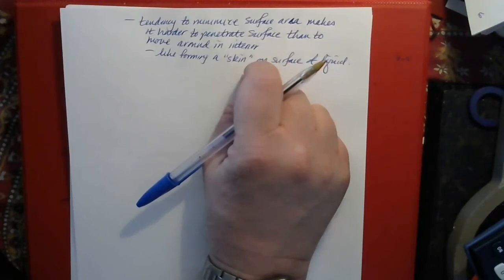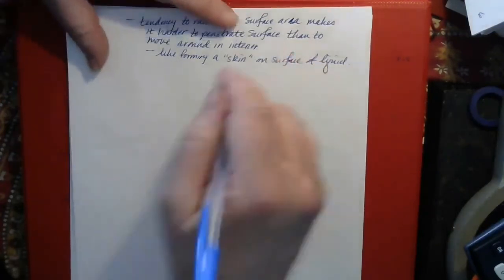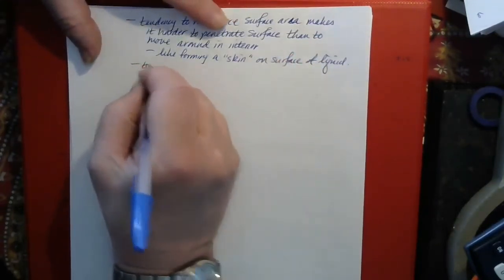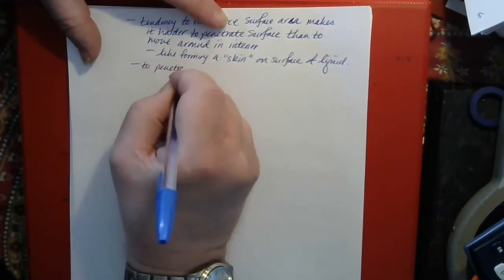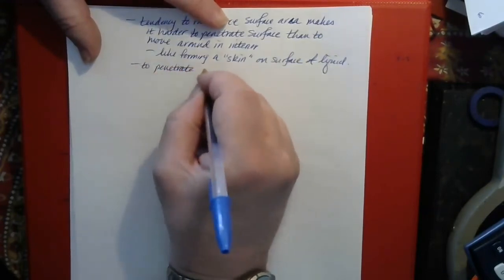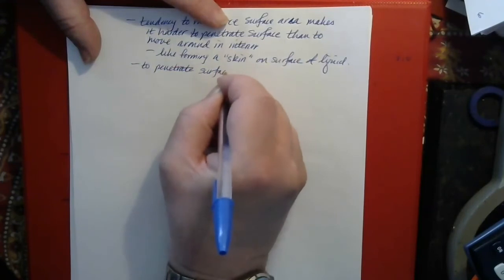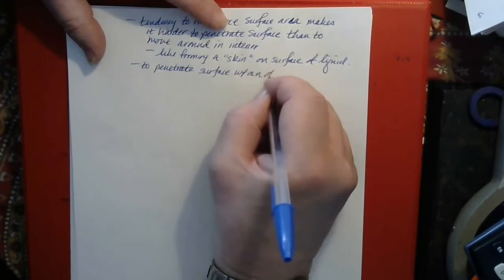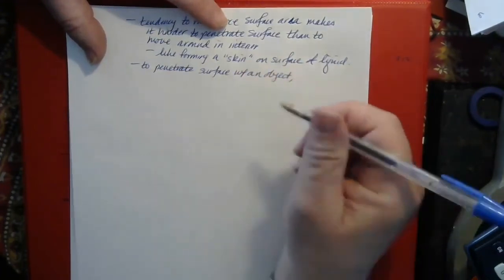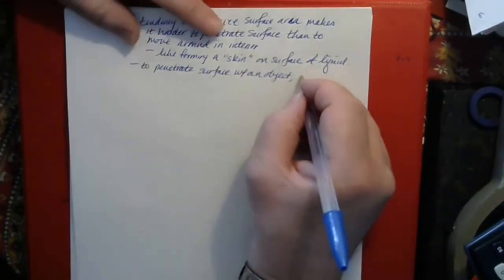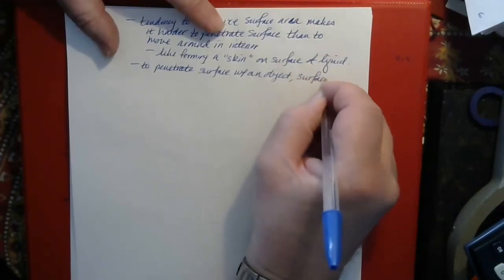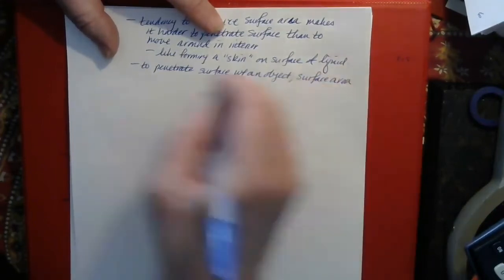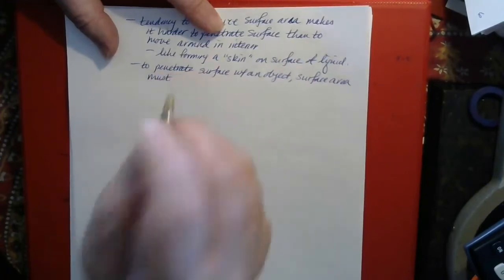It's kind of the same idea with surface tension in water. It forms sort of a skin almost on top of the water. And in order to penetrate the surface with an object, the surface area has to increase slightly, which requires energy.